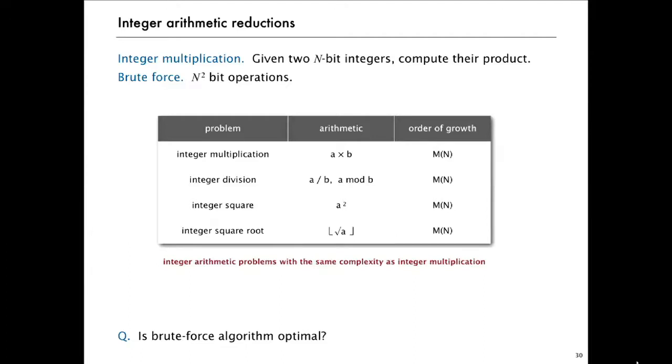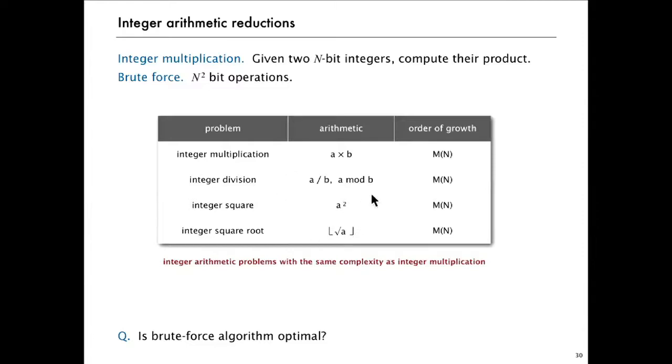Now, one thing you can do with reduction: people have figured out that you can take integer division or square root and all different other integer operations and reduce them to integer multiplication, and vice versa.